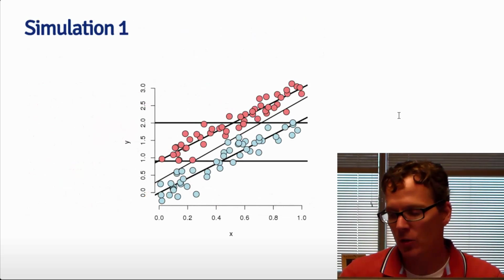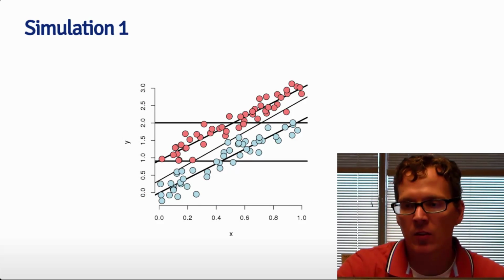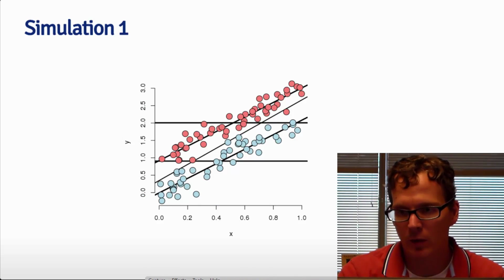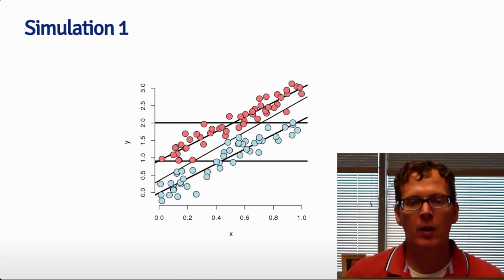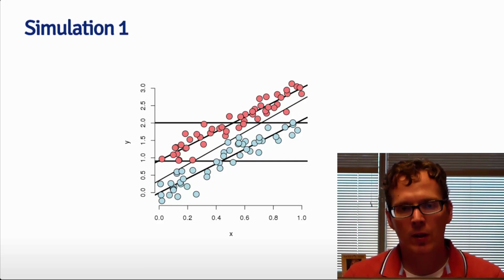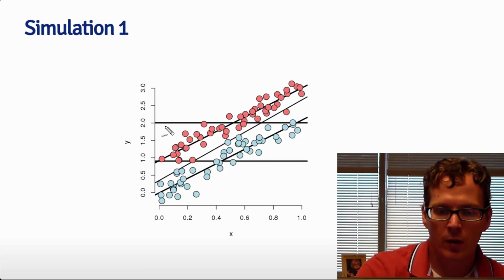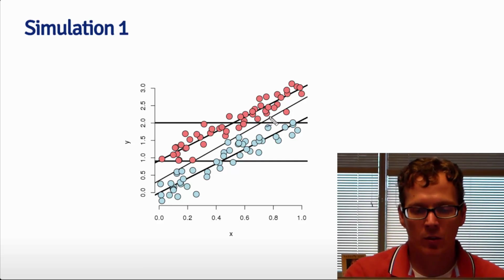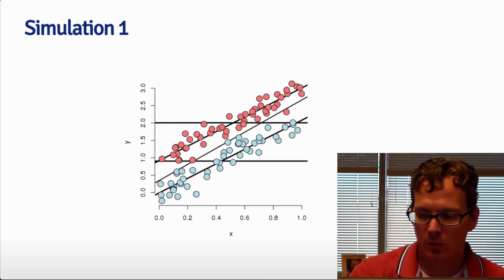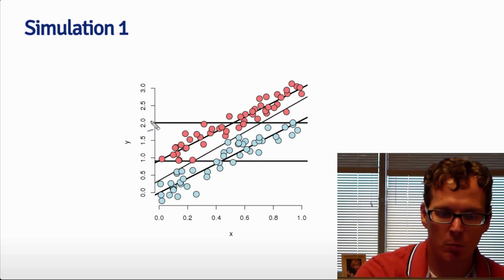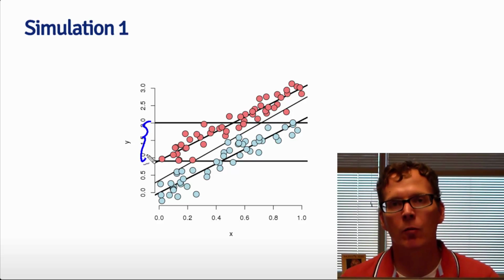Here's the first simulation. In this case, it's a pretty straightforward one. The horizontal lines show the marginal effect of group status.